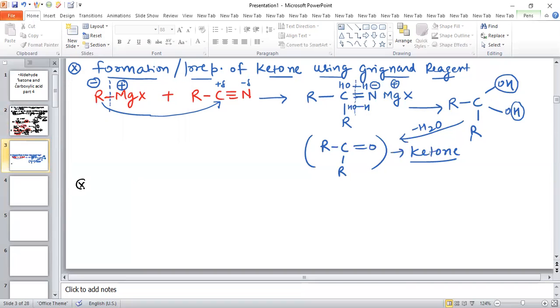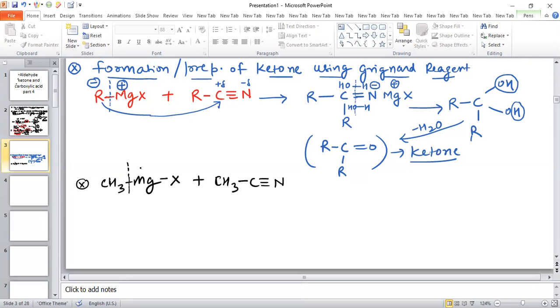If it is given like CH3MgX, so the compound given is basically CH3MgX, and the reaction of this CH3MgX with CH3C triple bond N. Now you can easily see the Grignard reagent breaks in this way.